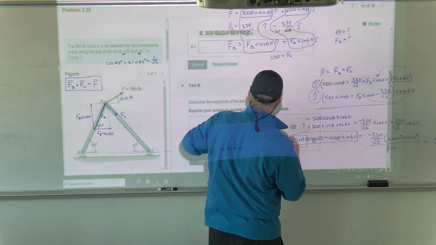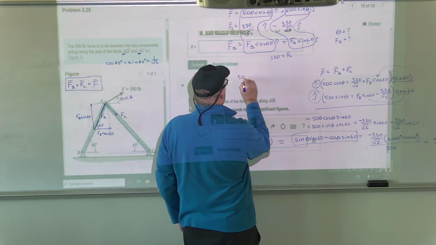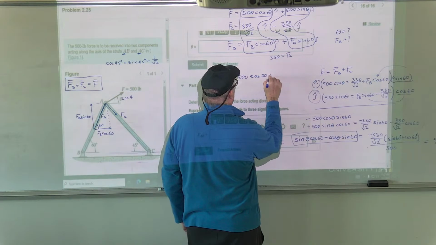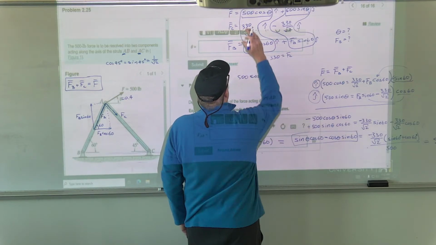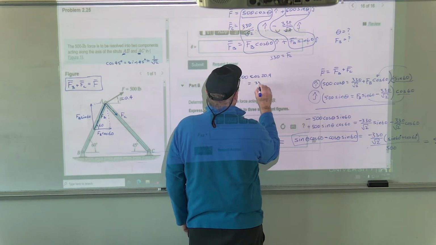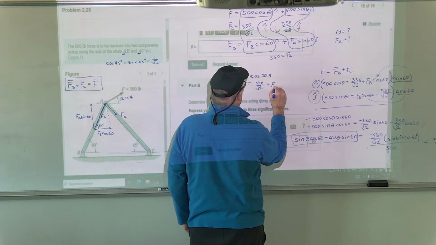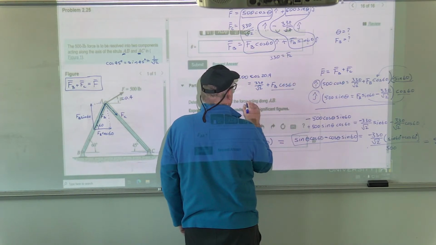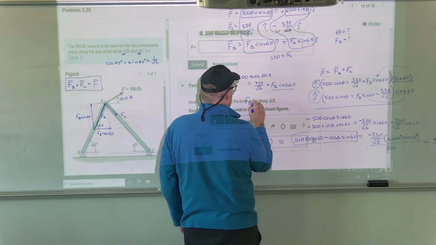So if you put in 500, let's just say I didn't make a mistake, and say it was cosine of 20.4 degrees. That has got to equal 330 over square root of 2 plus FB cosine of 60. And so all you're looking for now is FB, because that's your magnitude.